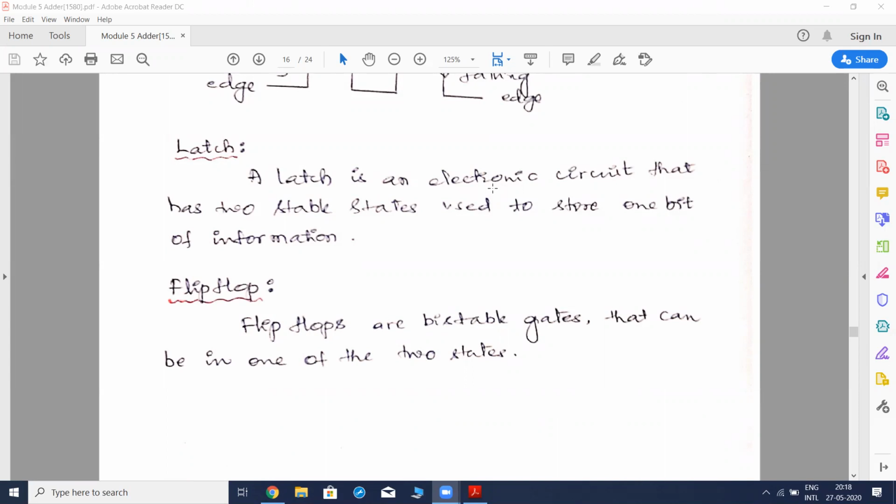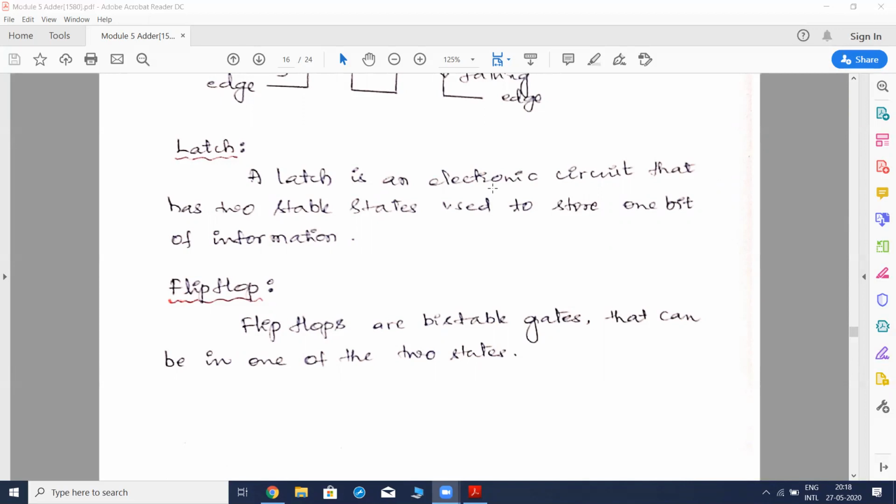Basically, latches and flip-flops are electronic circuits, though I have written different types of definitions here, but they both are memory elements. That means they can store one bit of information. First, let us see what a latch is. Though the definitions are different, the usage is the same.